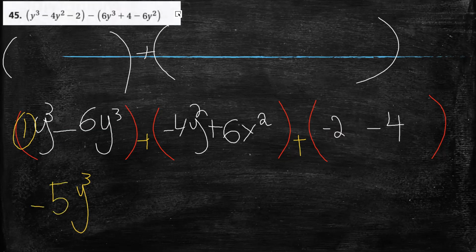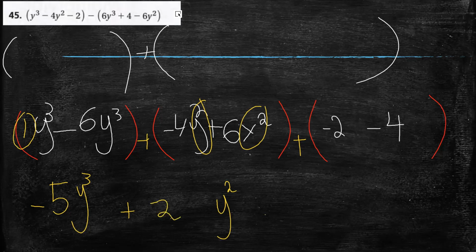Plus, we have y squared: negative 4 plus 6 is positive 2. Plus negative 2 minus 4 equals negative 6. So the final answer here is negative 5y cubic plus 2y squared plus negative 6.